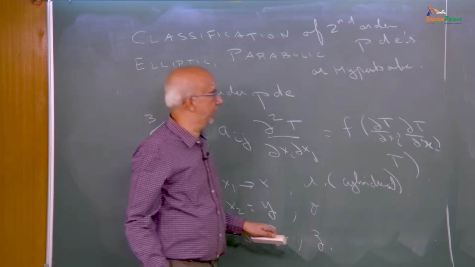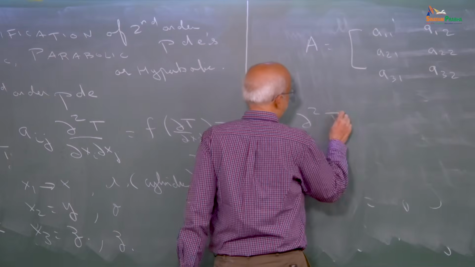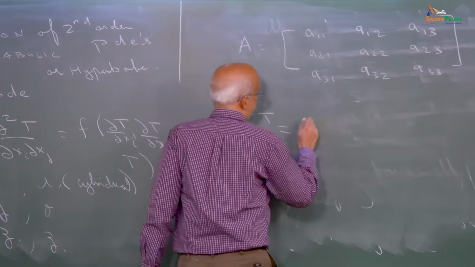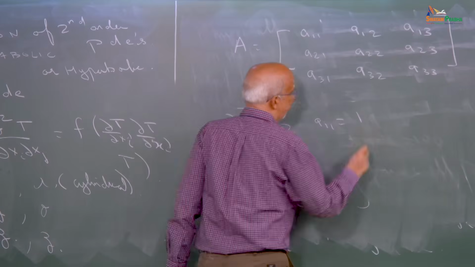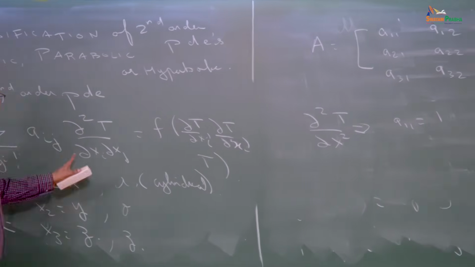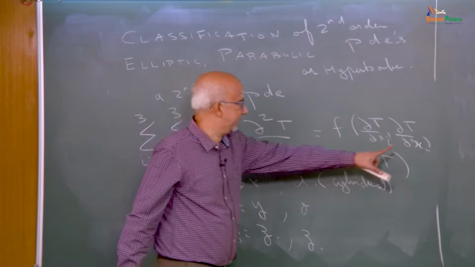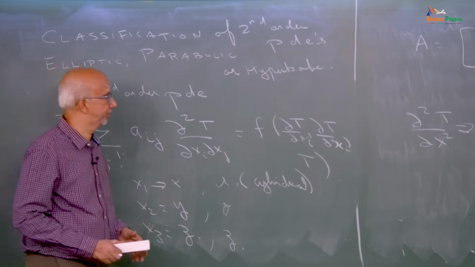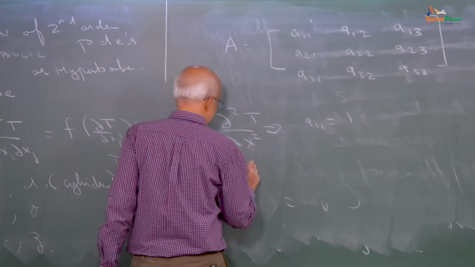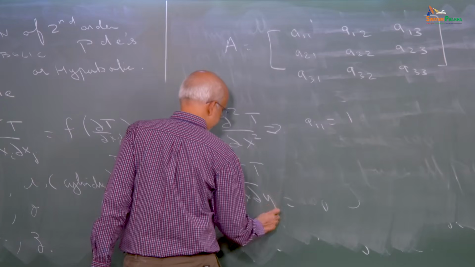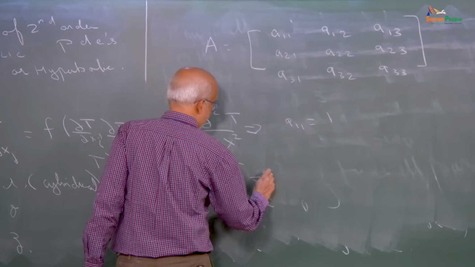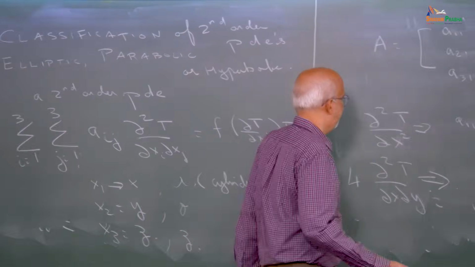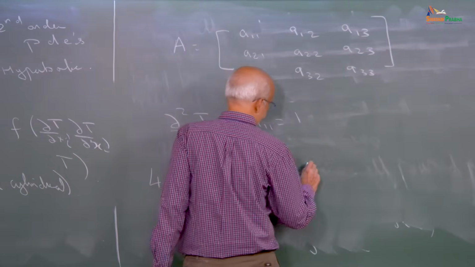For example, if I have d square T by dx squared, this implies A11 is 1, because 1 is multiplying this, and x is my x1 term, my first coordinate. If I have d square T by dx dy, let us say 4, then A12 is 4.